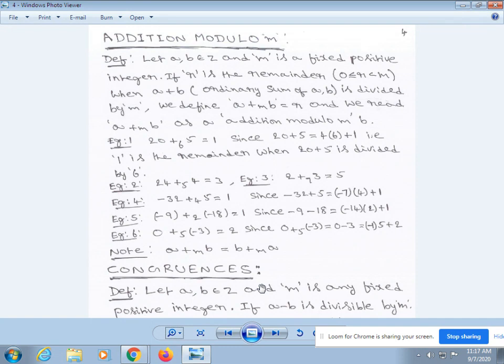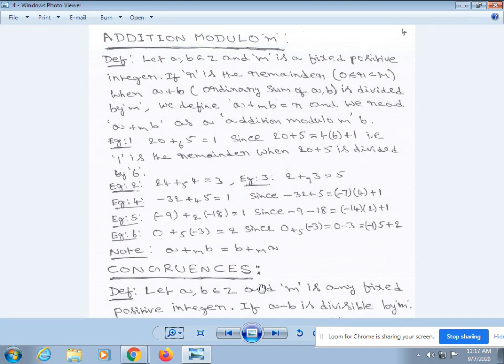Minus 32 plus 5 is nothing but minus 27, and the remainder is 1, since minus 27 can be written as minus 7 of 4 plus 1. Next, another example: minus 9 plus minus 18 addition modulo 2 equals 1, since minus 27 equals minus 14 of 2 plus 1. The last example is 0 plus minus 3 addition modulo 5 equals 2, since 0 plus minus 3 equals 0 minus 3, which can be written as minus 1 of 5 plus 2.